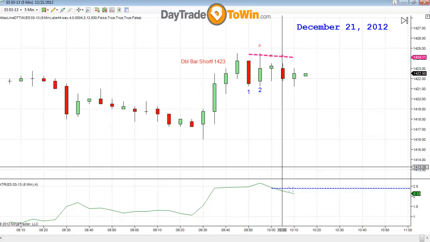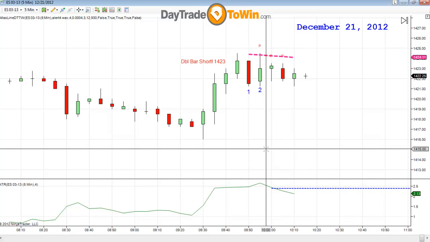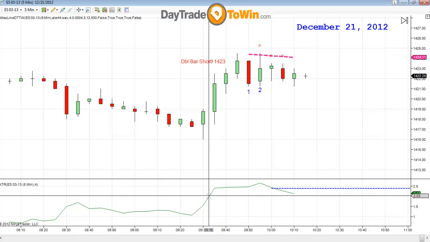Okay. Now, this short at 1423, if you go short, how do you manage this trade? It's not that difficult to put management rules that make sense. It's got to make sense, right? A lot of traders hold on to trades for 3-4 hours, hoping that it's going to go back in their favor. Other traders have very tight stops, right?